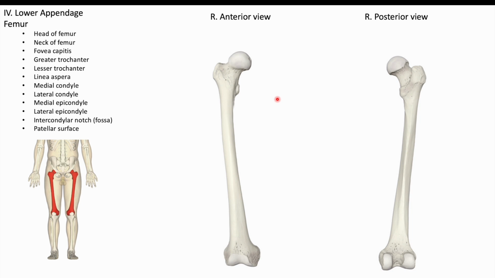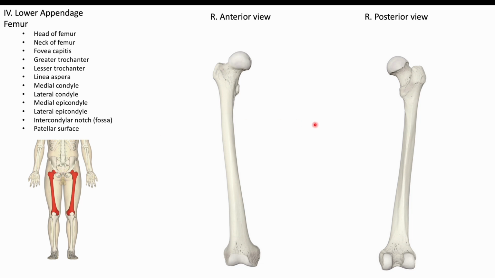So in the anterior view of the femur, you can see right here that there is the patella surface that's very visible. It's not visible in the back so much. So this patella surface is going to tell you that this is the anterior view. And if the head of the femur is facing inwards to the right, then you're looking at the right femur, because you can see here that the head of the right femur articulates with the acetabulum of the os coxae bone.